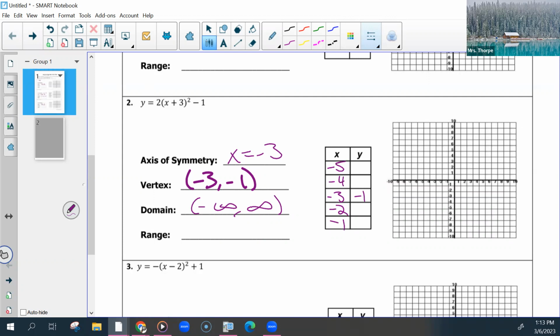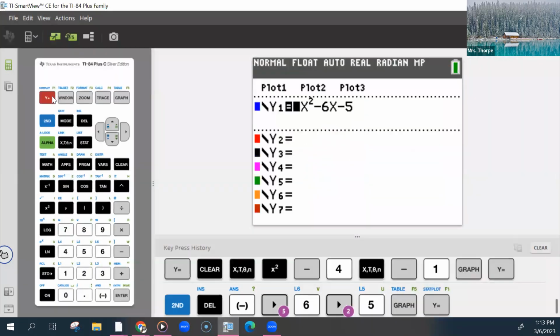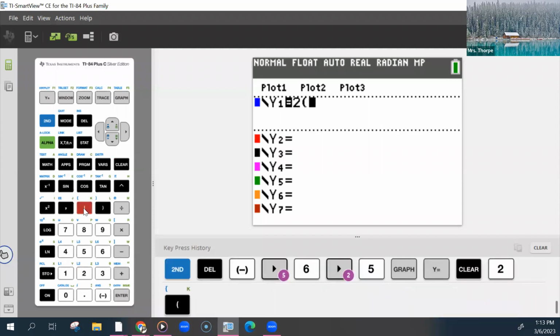And then to find your Y values, put this equation into your calculator. Make sure you're using the parentheses, putting the square on the outside.